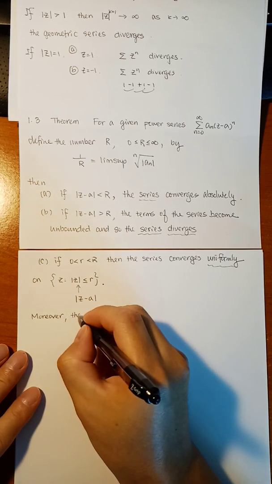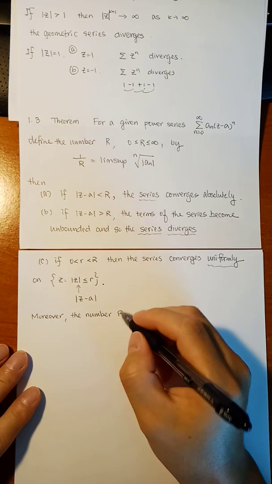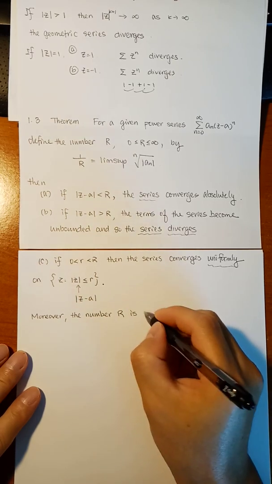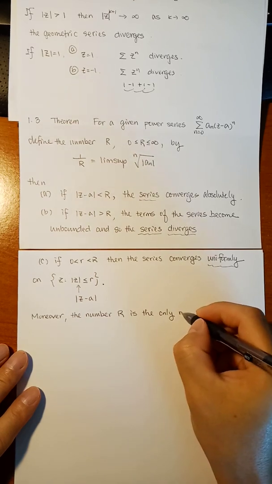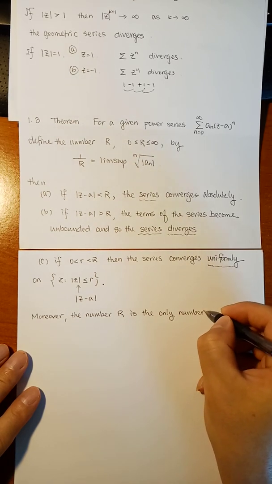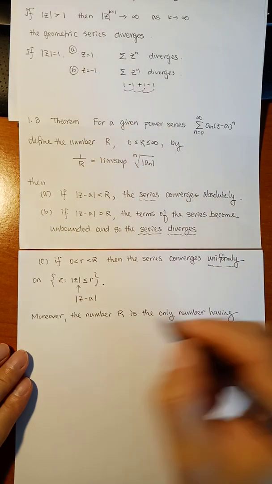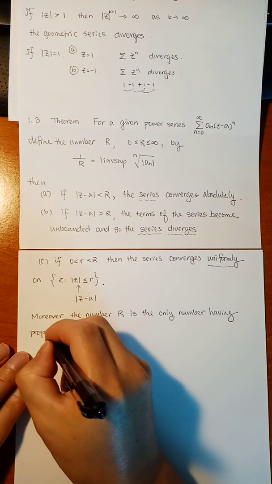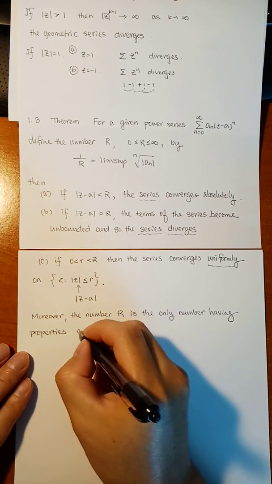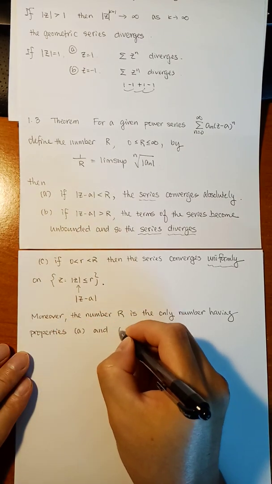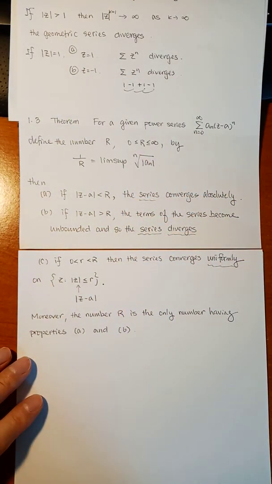Moreover, the number capital R is the only number having properties A and B. Of course, from these two conditions, you can see it's definitely unique.